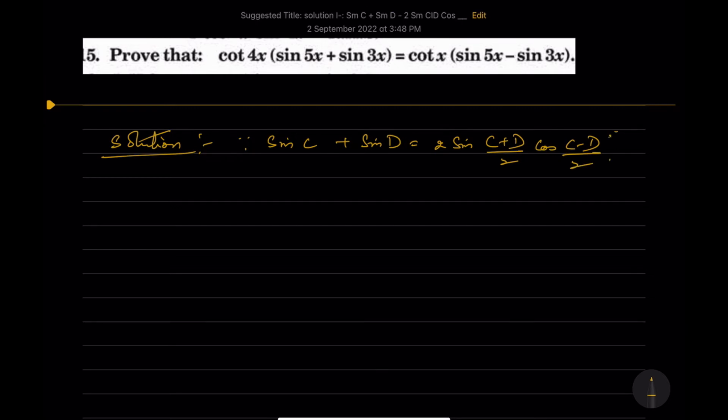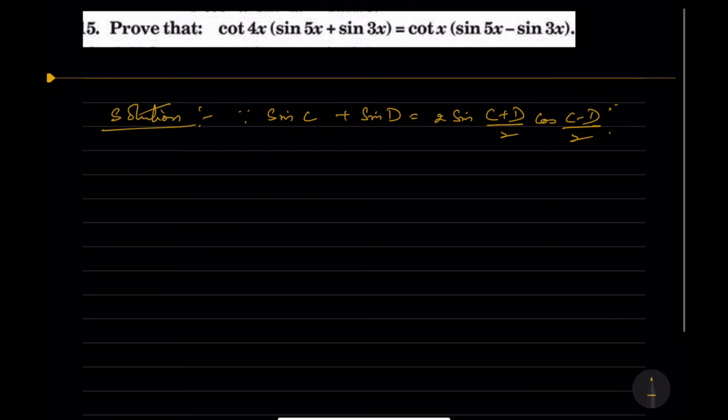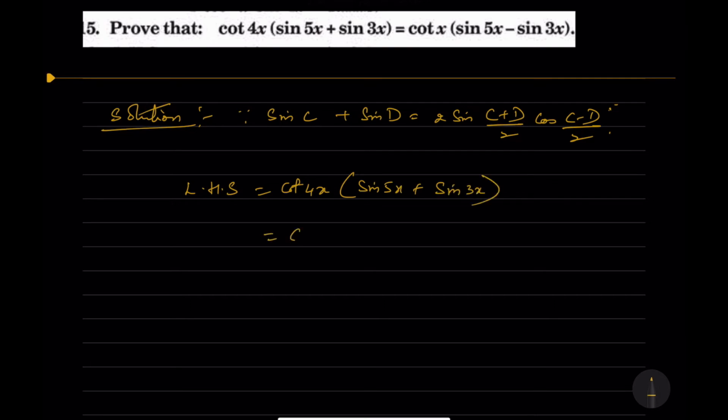So therefore we'll put this in this formula. LHS is equal to cot 4x into (sin 5x plus sin 3x). For sin 5x plus sin 3x, we'll apply this formula.